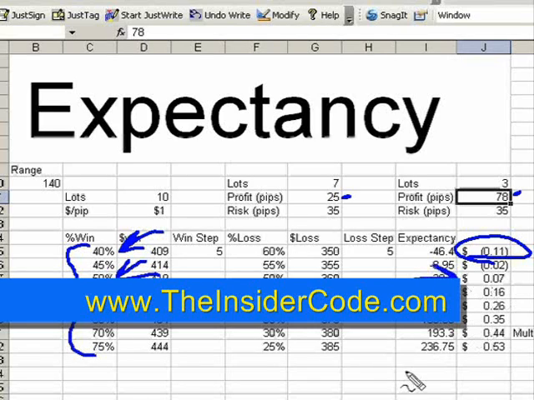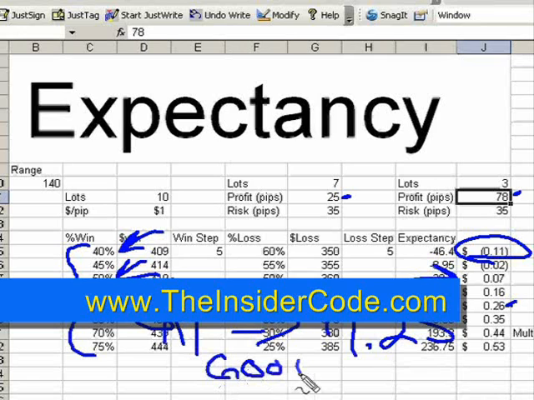For every dollar we put in, we're going to make 7 cents. And if we can get up to 55 or 60%, then you know what? This is actually some really good money in terms of overall trading systems, making a quarter in profit for every dollar that we put in. So when you put in $1, you get out $1.25. That is actually a very good system.